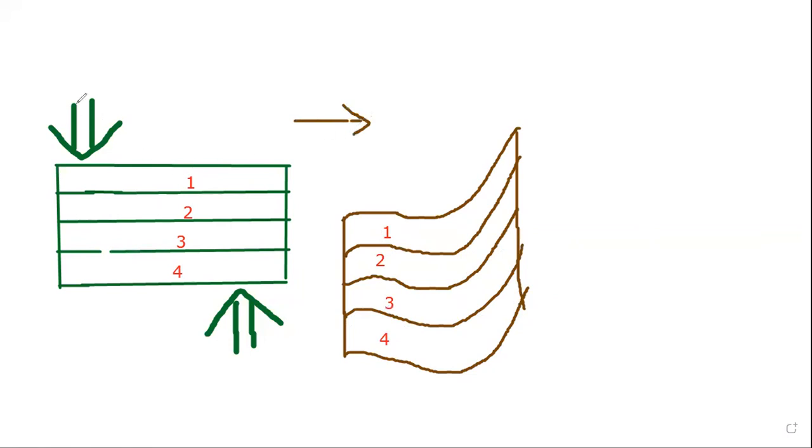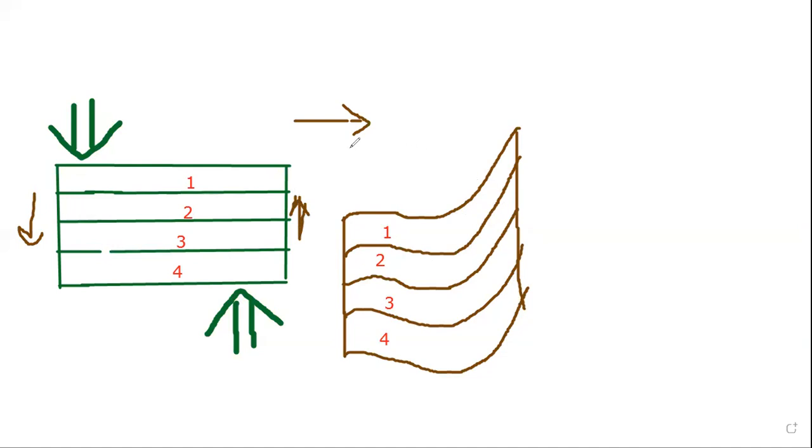So after applying forces at this end and at this end, these horizontal rocks may be converted into this structure. It means this left-hand side goes downward due to this pressure, and due to this pressure, this right side goes upward. So ultimately, these horizontal rocks are converted into this form.